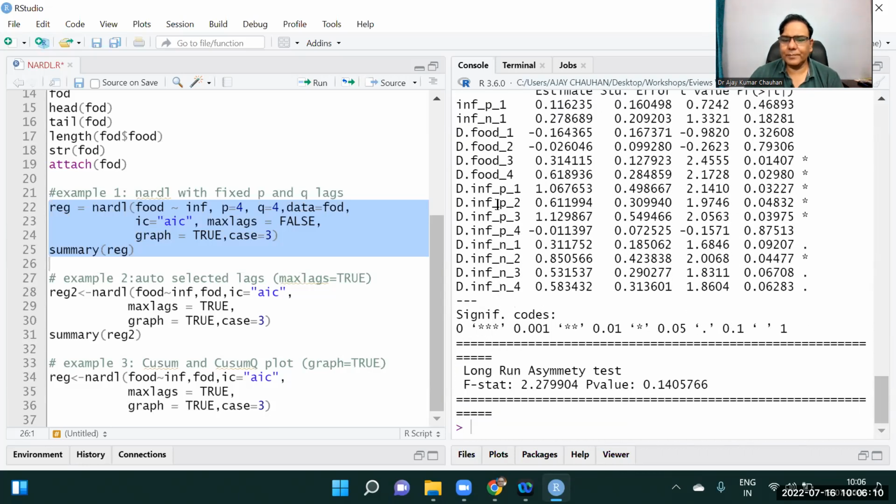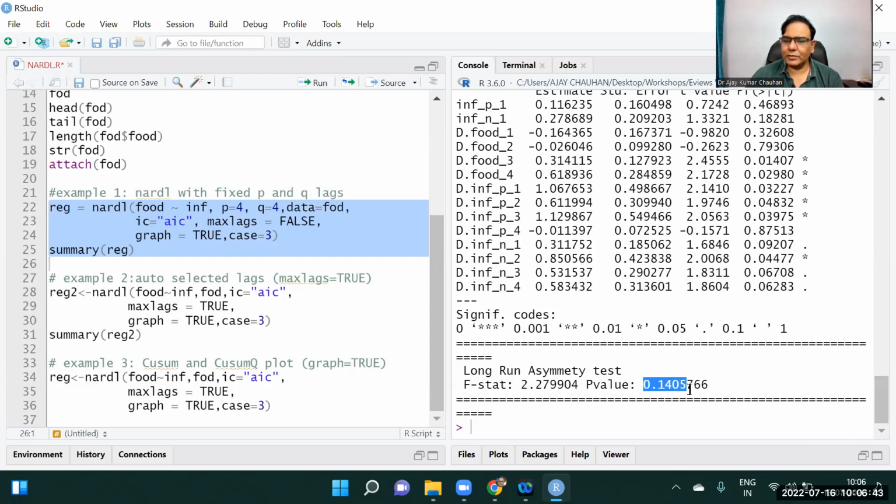Long-term coefficients, or what you call the bound test, and the software is also showing you the non-linear asymmetric effect. As I told you, this asymmetric effect we check in the long term. So in the last, you will get this value, the long run asymmetric test, and it is showing you no effect.